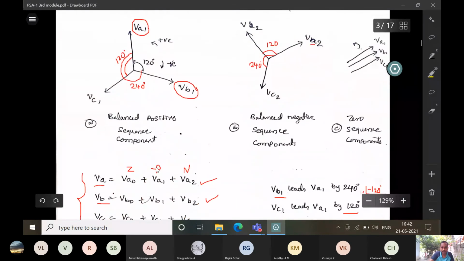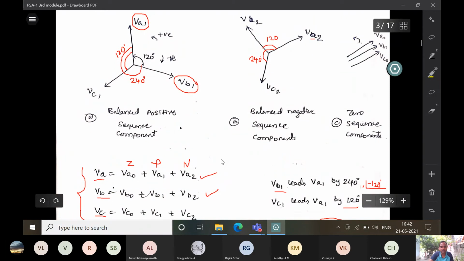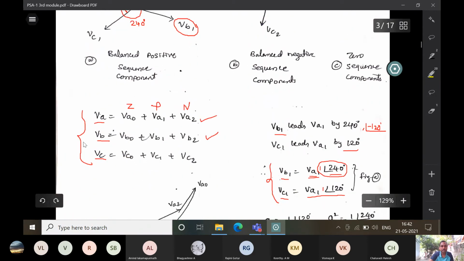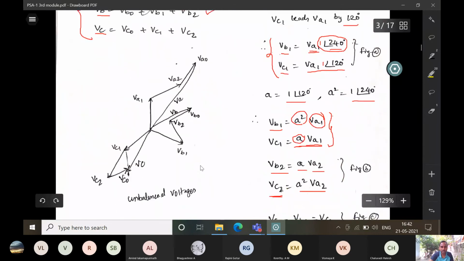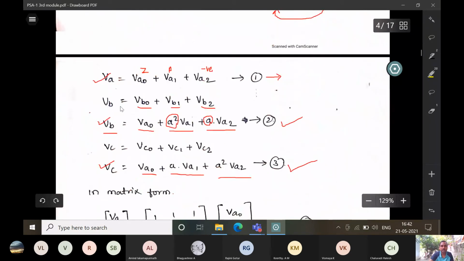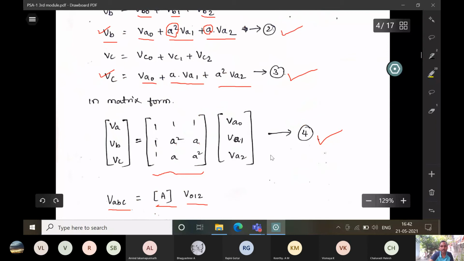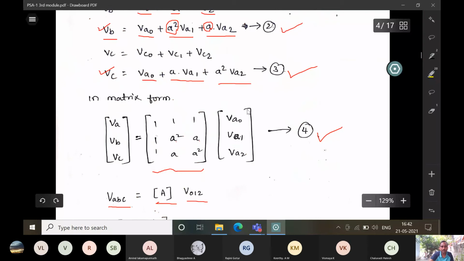And we have discussed positive sequence, negative sequence, and zero sequence components, and we have written the equations VA, VB, and VC, right? And we have written VA, VB, VC all in terms of VA naught, VA1, and VA2. Okay, and finally we will write the matrix form.